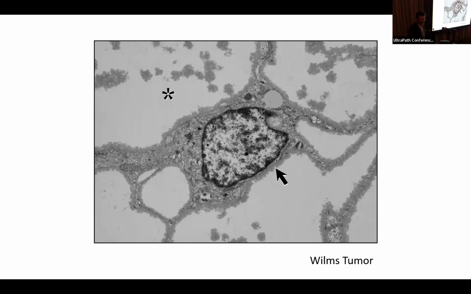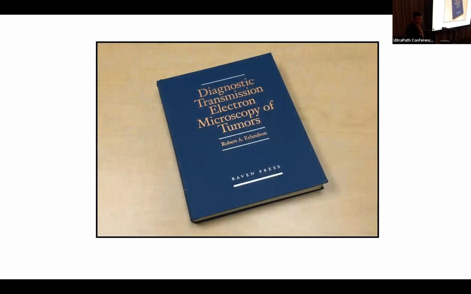It's electron microscopy. And just to speak a little bit about tumors in general, if you don't have this book in your library, you should try to find it. Bob Erlandson's book. It's been out for a while now, but I still pick it up almost every week for something or other. I think one of the most useful things about this book is it's not just an EM book.